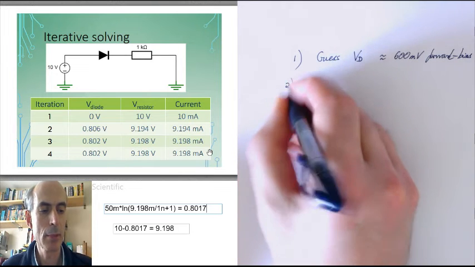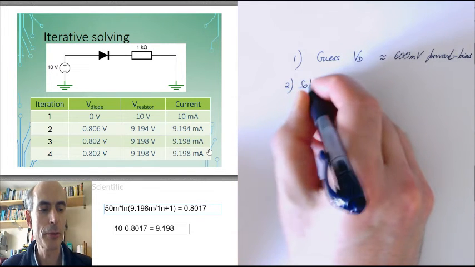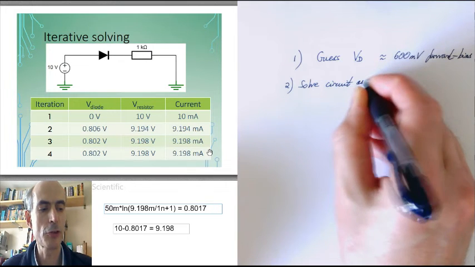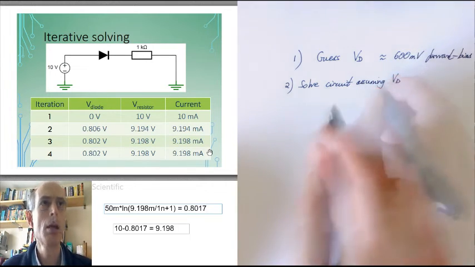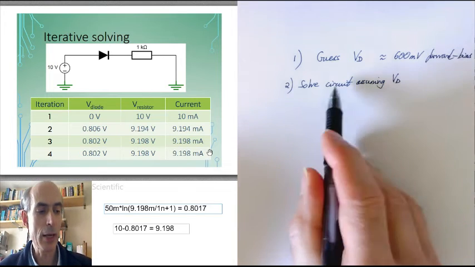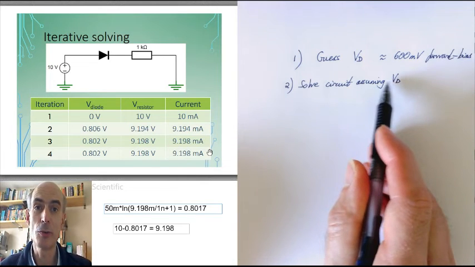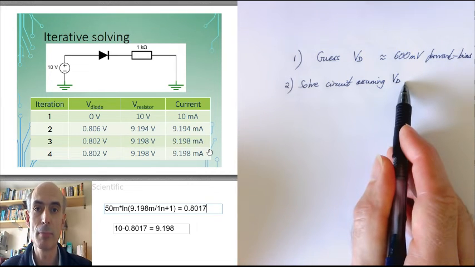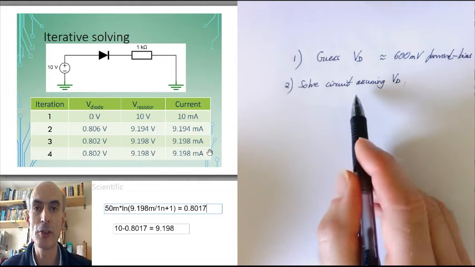Secondly, solve the circuit assuming that your guess is correct. You could think about that as replacing the diode in the circuit with a voltage source of value VD, and then solving the resultant linear circuit.